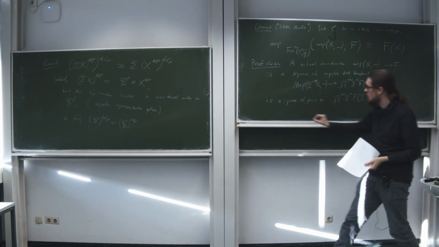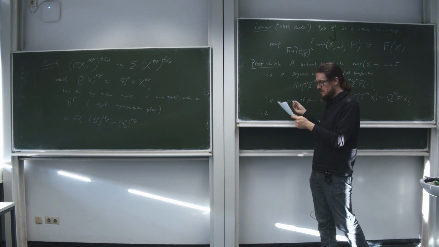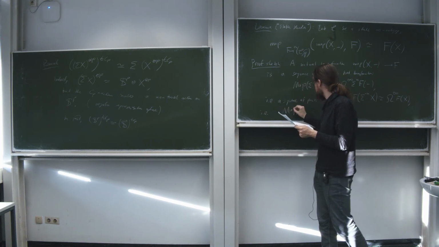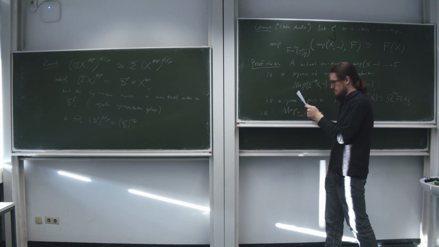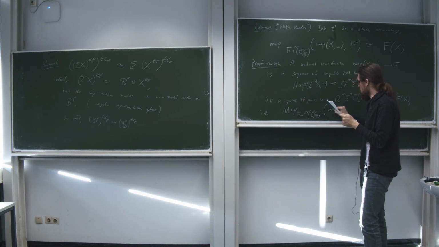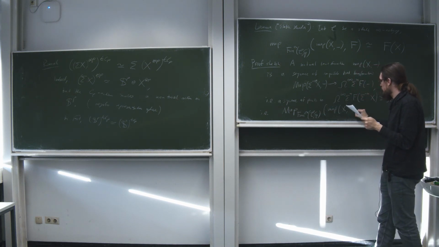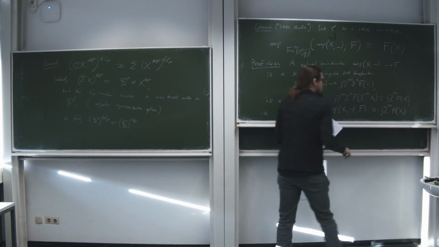So what we get here is that the mapping space in this functor category from the co-represented functor to F agrees with just the space loops infinity F of X.